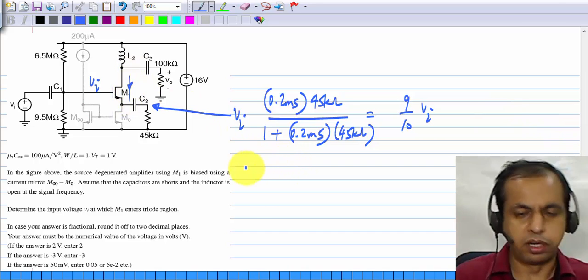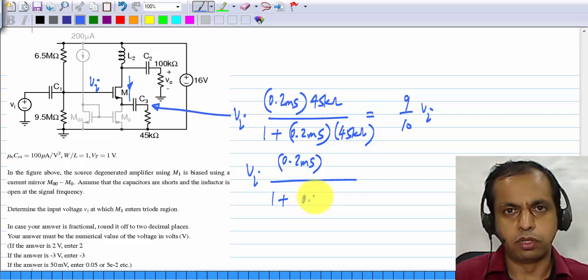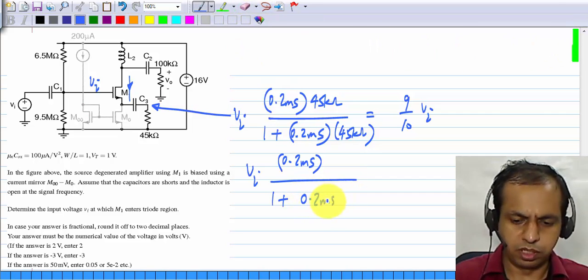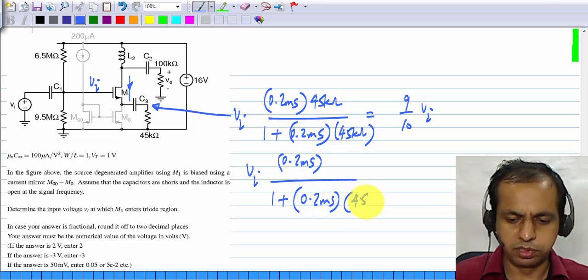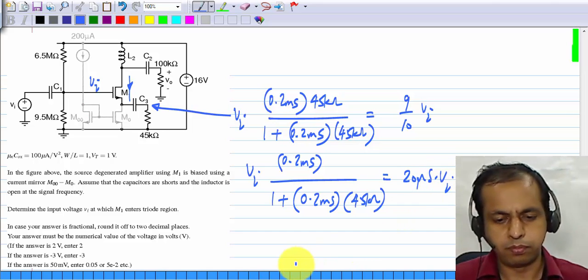And the incremental drain current is Vi times Gm divided by 1 plus GMR, which is 0.2 millisiemens times 45 kilo ohms, or basically 20 microsiemens times Vi.